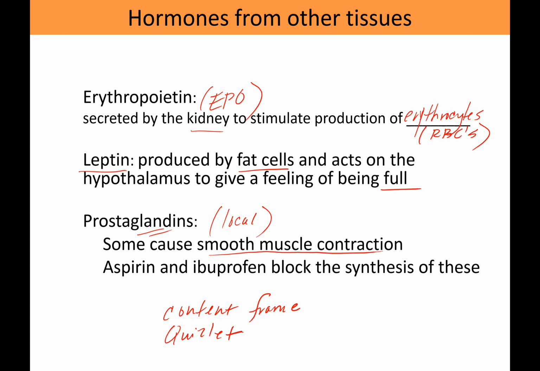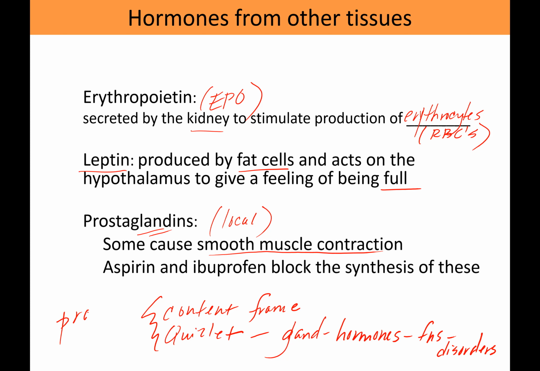Quizlet would be a great one for this one. Again, really focus on matching the gland to the hormone or hormones, in many cases, that it secretes, the functions of those hormones, and then in some cases even the disorders. So it's a lot of factual recall. So practice, because it's a lot of memorization.